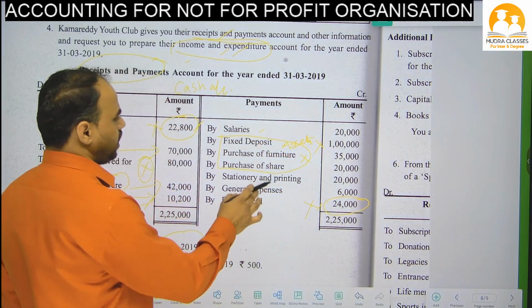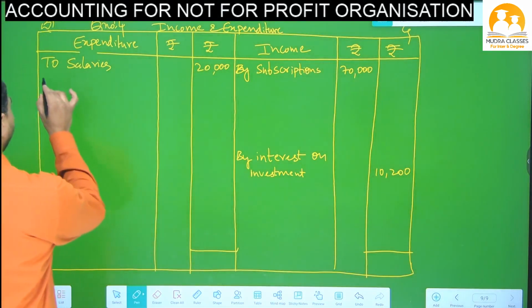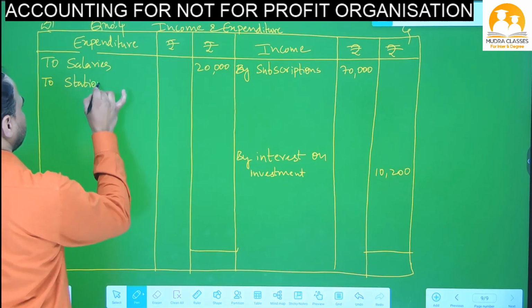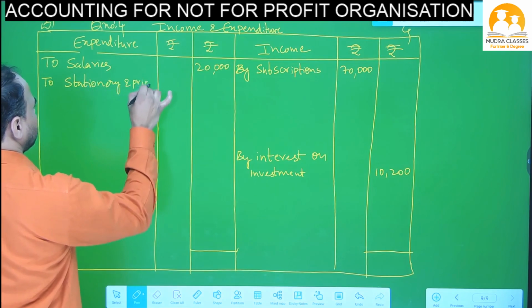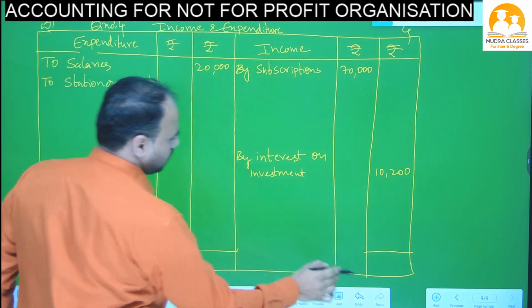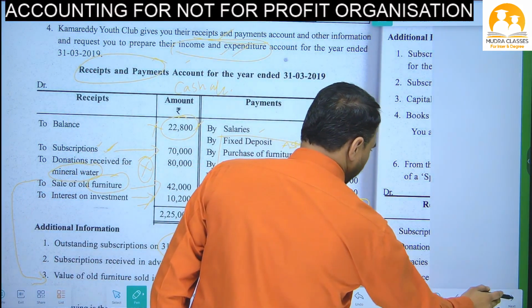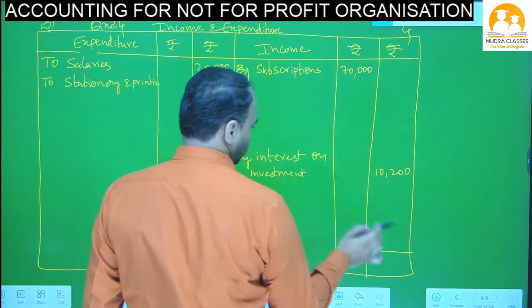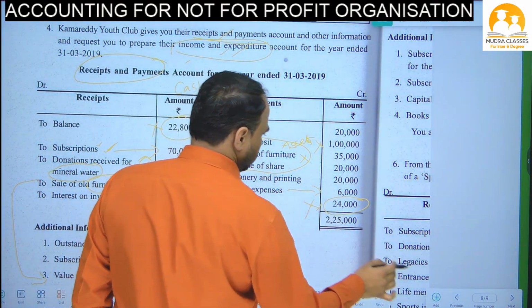Next one, stationery and printing. Yes, we will write it, it is a regular expenditure, so write here to stationery and printing. How much is given, Nana? Stationery and printing 20,000, so write down 20,000. Next one, general expenses 6,000 rupees.